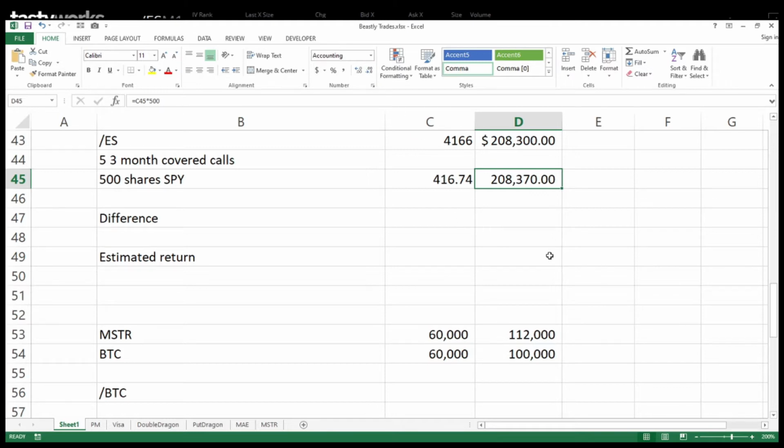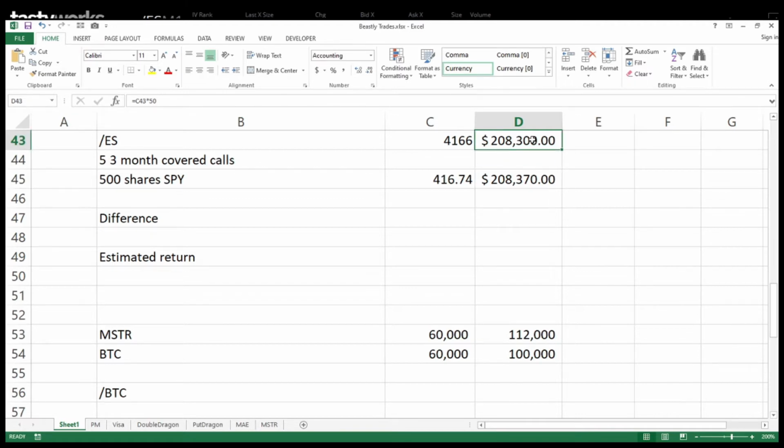And then there are also terms like contango and backwardation. That's a little confusing to most folks. What I actually like to do, just to keep it simple, is multiply out by the multiplier so that it's easier to compare.